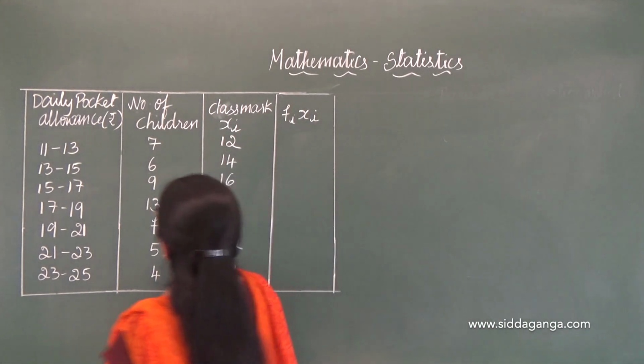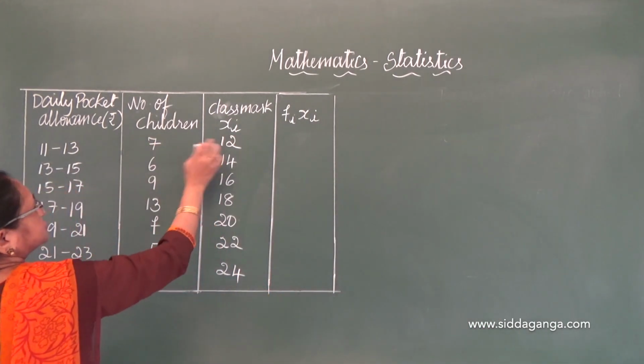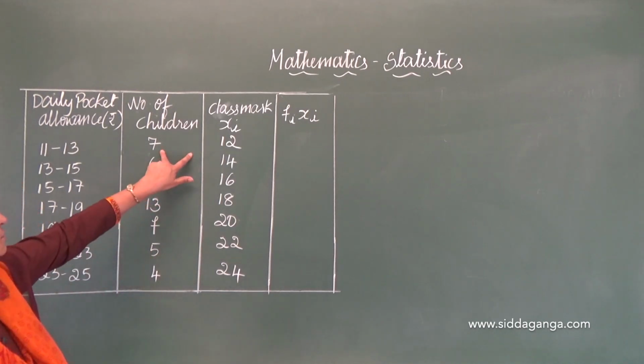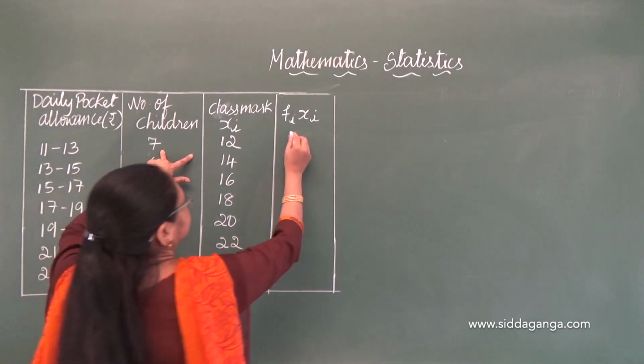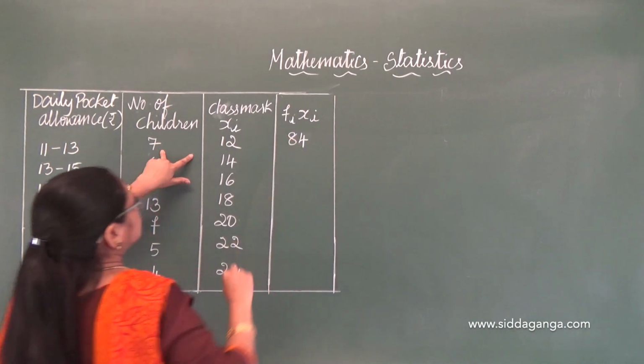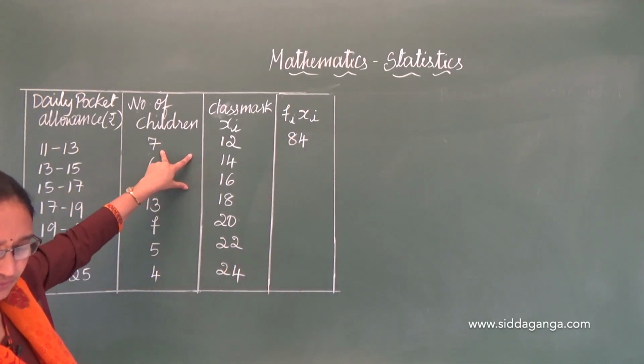We have to multiply Fi into xi. 12 sevens are 84.